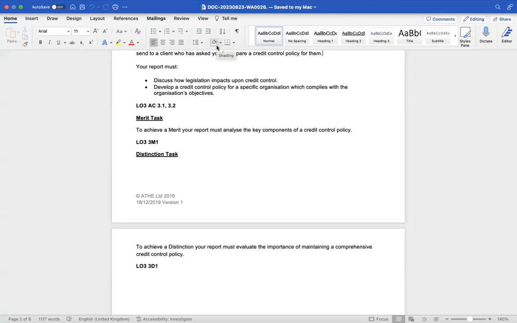Make sure to follow the formatting guidelines provided, including font size, line spacing, and margins. Also, make sure to cite your sources using the Harvard referencing style, and also update your assignment contents table.